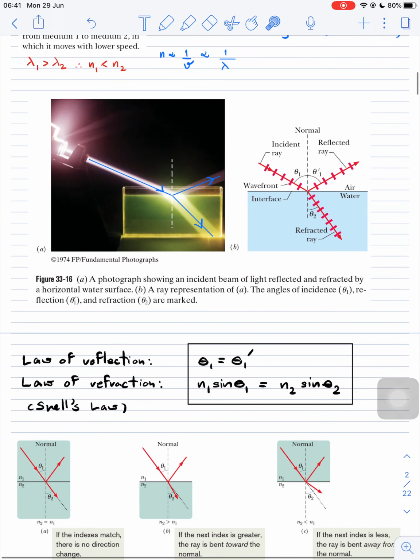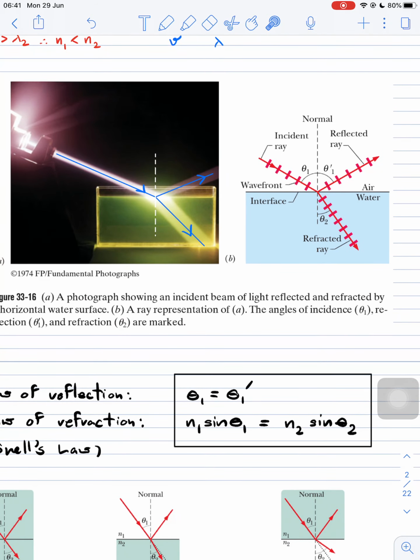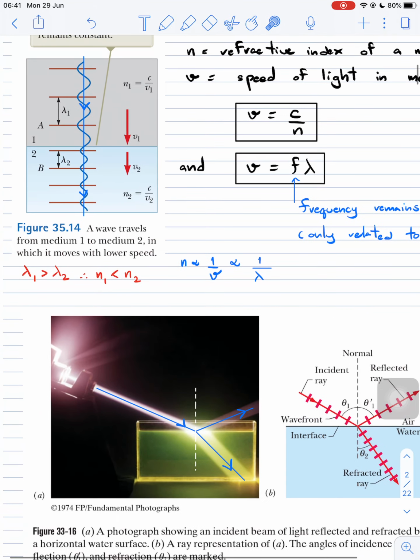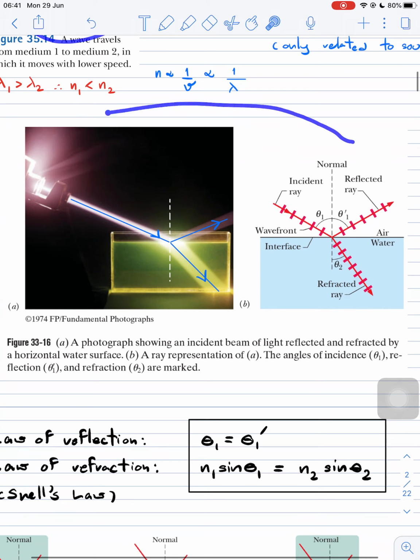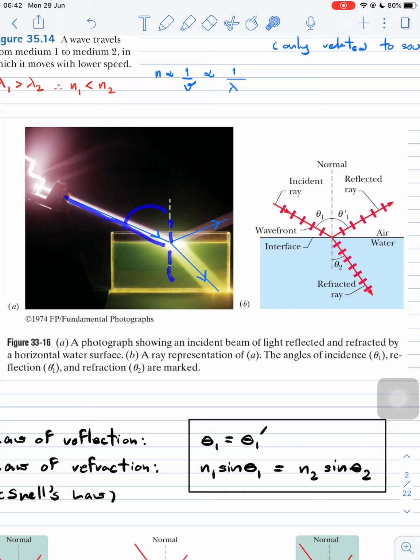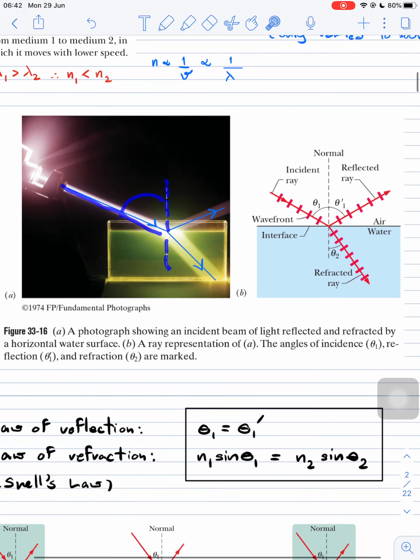So what happens if we have the oblique incidence? This is the normal incidence, but if we have the oblique incidence, the light will make some angle to this line. This is called the normal line.